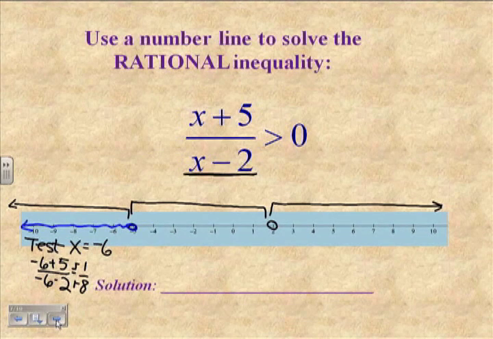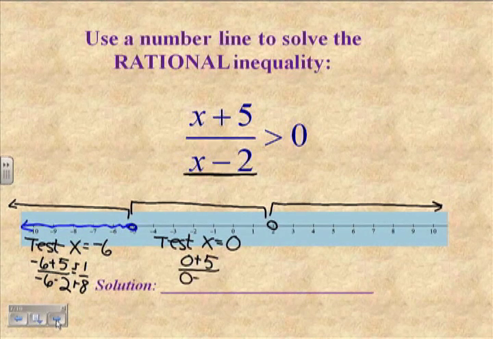Now I go into the middle section. Well, I see the 0 sitting in there, and I like 0 as much as possible. So we're going to test x equals 0. So I have 0 plus 5 over 0 minus 2. Well, that's 5 over negative 2, like negative 2.5.